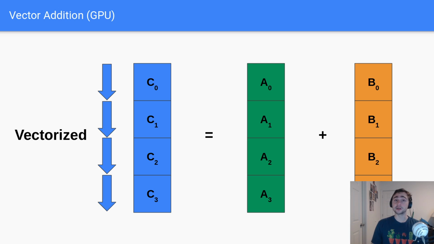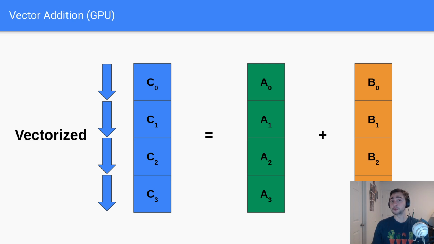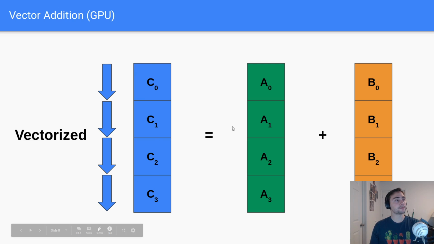And all of these can occur in parallel. So in this case, C0 is equal to A0 plus B0. This is occurring on one thread, while something like C3 is equal to A3 plus B3 is occurring on an entirely different thread. And all we really care about here is that at the end of the computation, we've got our final result array, say, our C array that contains all the results.